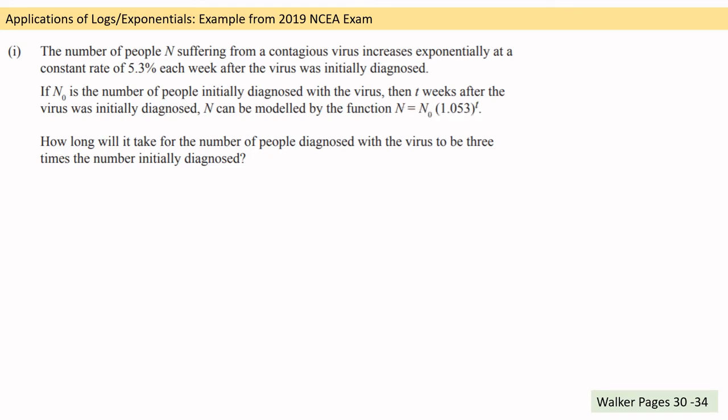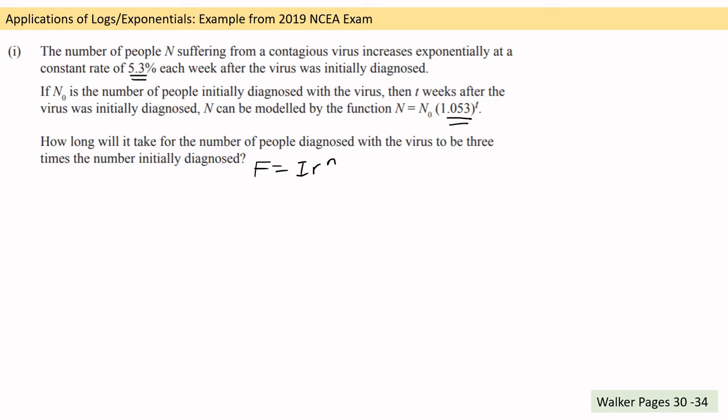I do, however, draw out bits of information like this, which is also up here as my rate of change. How long will it take for the number of people diagnosed with the virus to be 3 times the number initially diagnosed? So in this problem, we're looking for N in our little FERN equation.